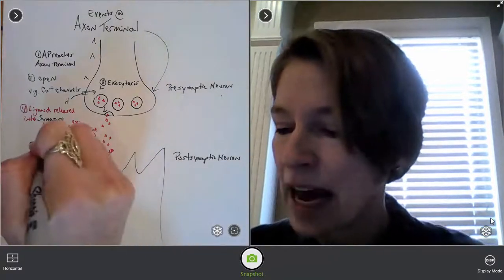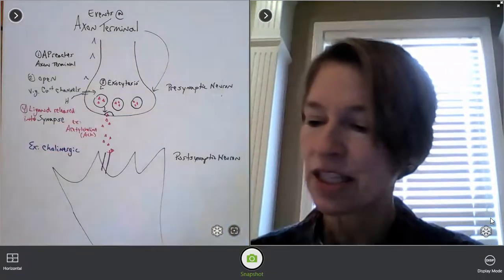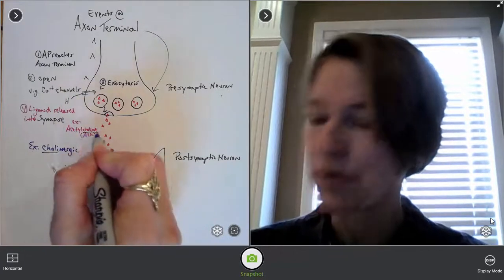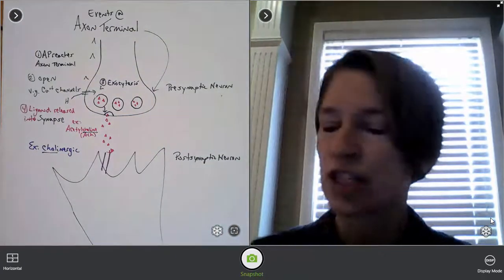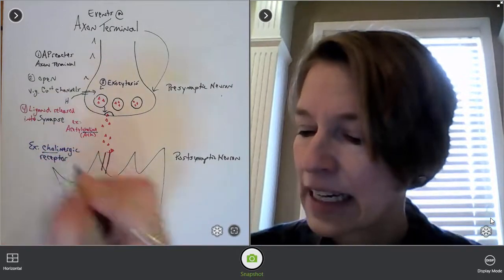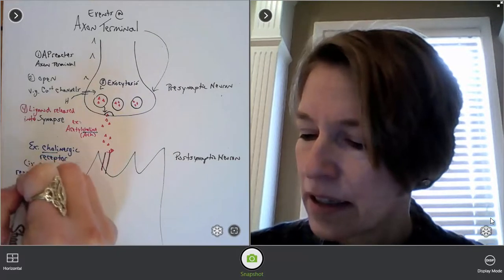But this would be a cholinergic receptor, because the root word is acetylcholine. That's the same root word there. And it is a receptor channel.